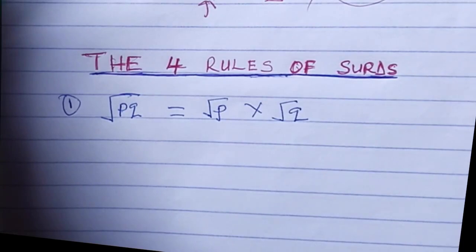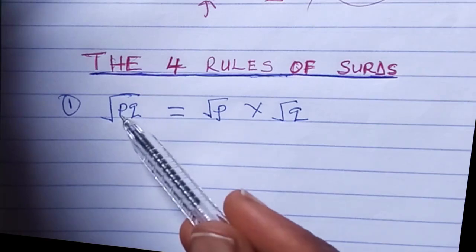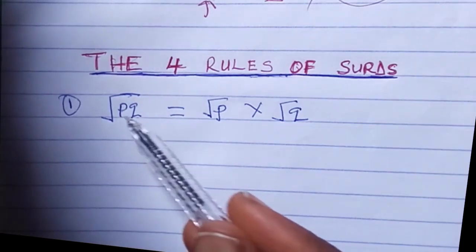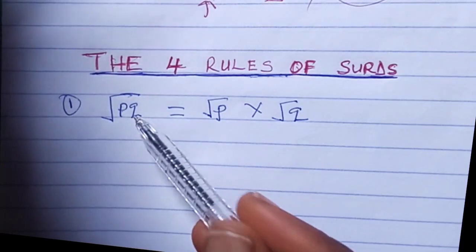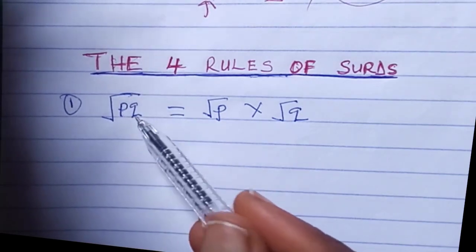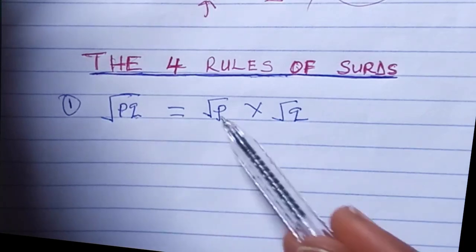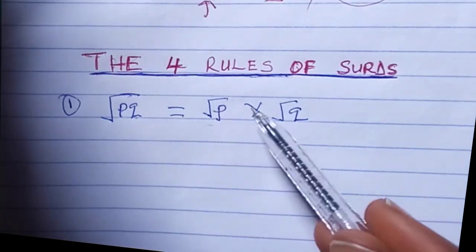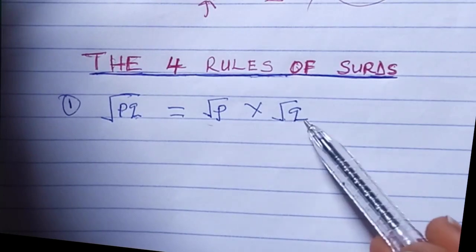So this is the multiplication law of surd. When you have two integers p and q multiplying each other, the root of p times q can be expressed as root p multiplied by root q.